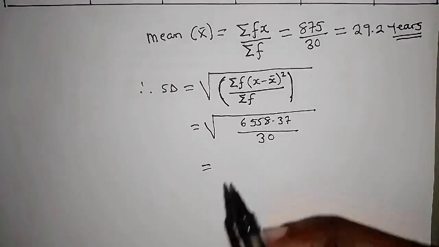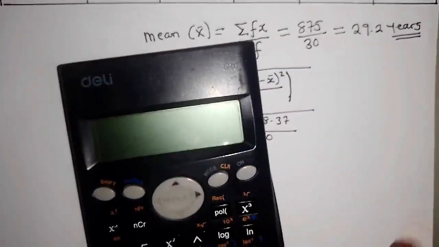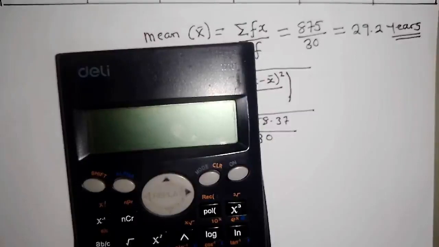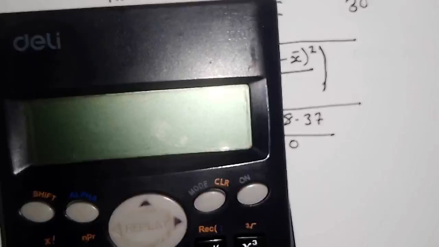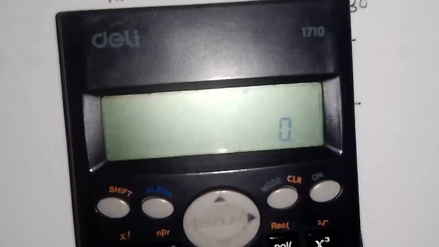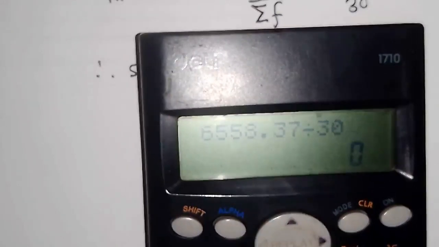Now once you do that, you get your calculator. So your calculator is just 6558.37 divided by 30. Then equals.